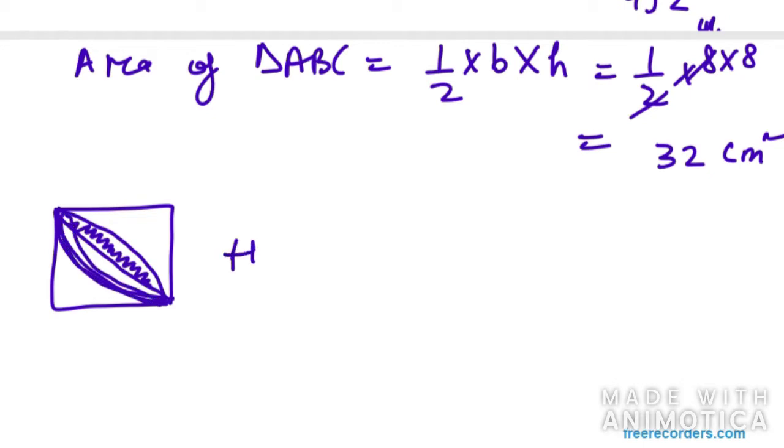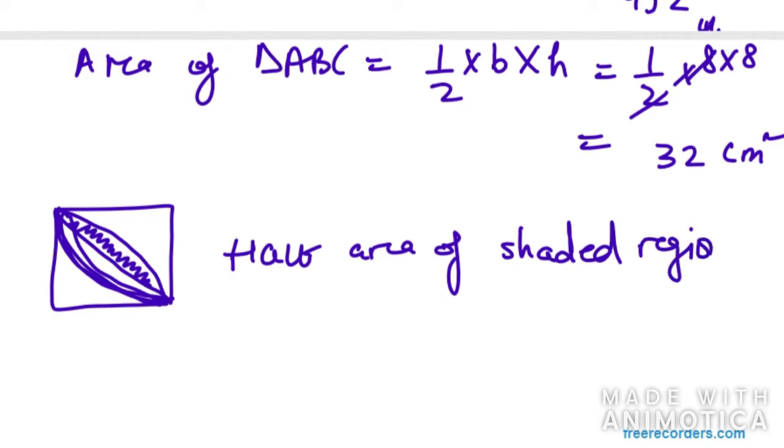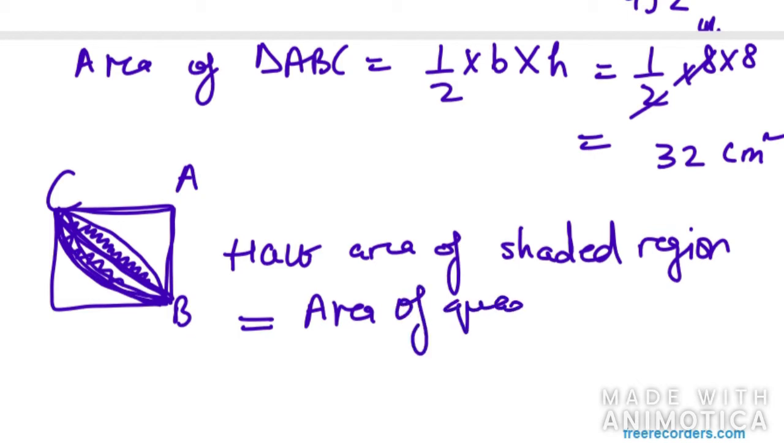So half the area of the shaded region will be the area of the quadrant, take away this triangle ABC. So I have to remove this part from this quadrant to get half the area of the shaded region. Then I will make it twice. So area of quadrant, take away area of triangle, that is 32.